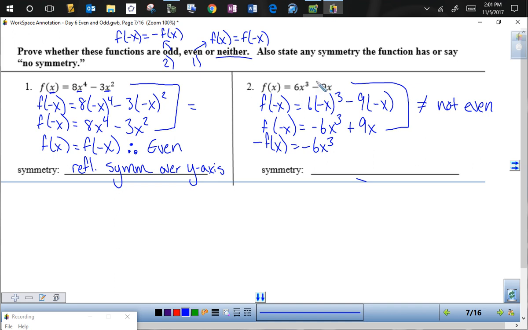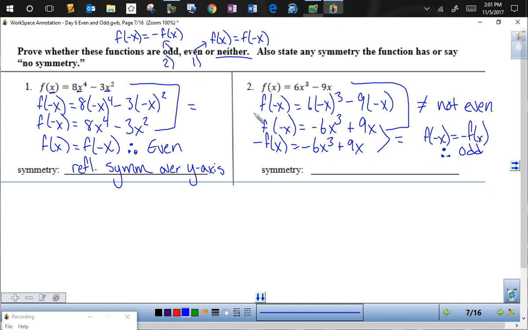This negative 9x changes to a positive 9x, and we're supposed to compare that to the one right above it. Well, you notice those are equal, so let's say that. We will say f of negative x equals negative f of x, and according to our algebraic definition here, that's what it takes to be odd. So therefore, odd.